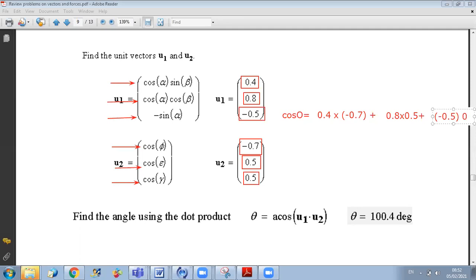This will give me a negative number. Since it's a negative number, I can deduce that the resulting angle will be higher than 90. This is why the calculator will give me an angle higher than 90, equal to 100.5 degrees.